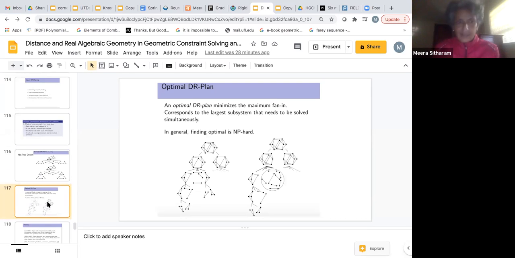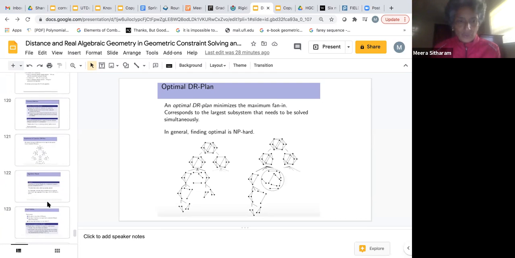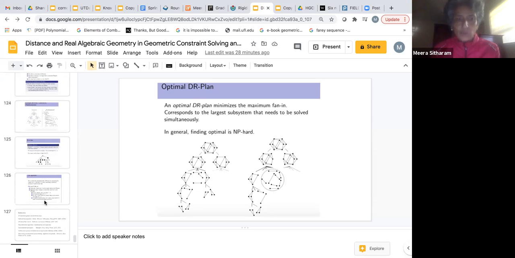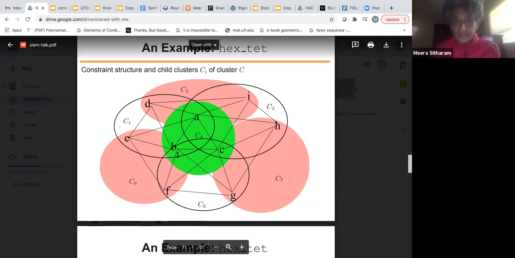And in the meantime, last time I also motivated how, once we have the DR plan, we go ahead and use the DR plan for getting a block triangular polynomial system and for solving it.